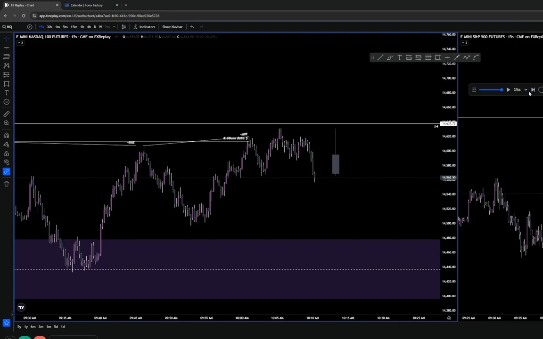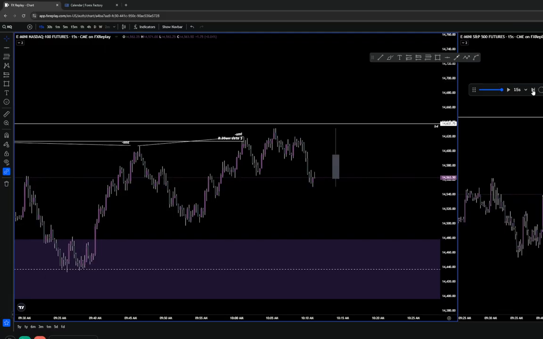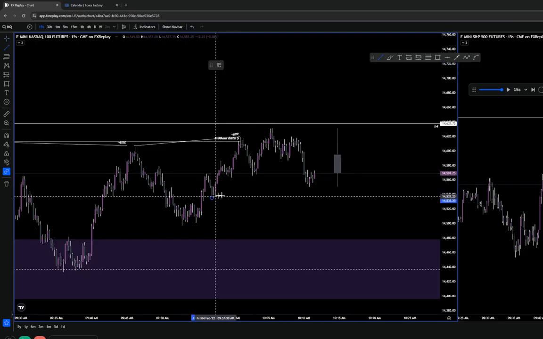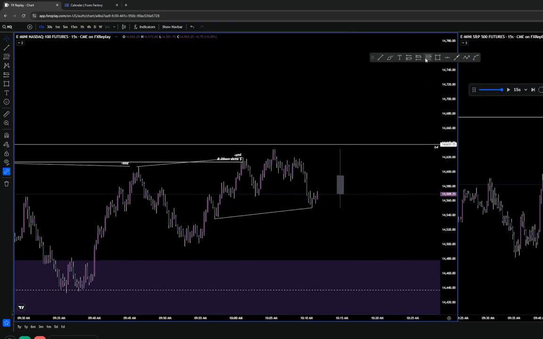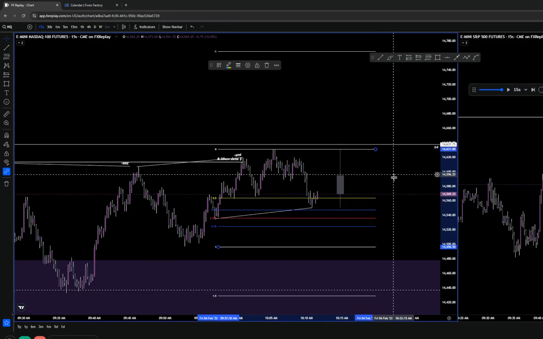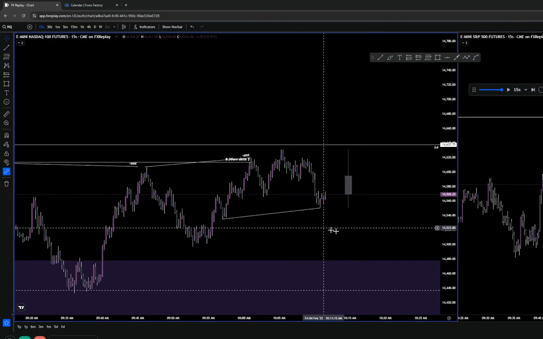Oh, wait, no, I didn't. Alright. Yeah, I want to dump, and then we'll get a long setup. Alright, let's see. SMT here. Let's see where we're at in this range. Equilibrium rebalance. SMT at the low.